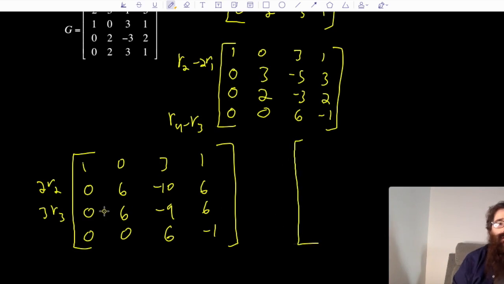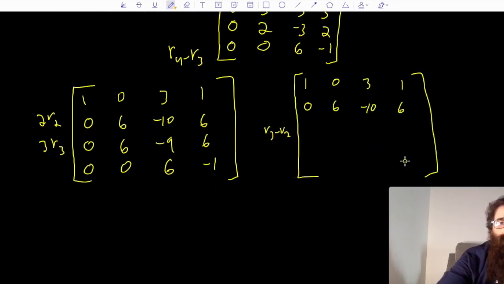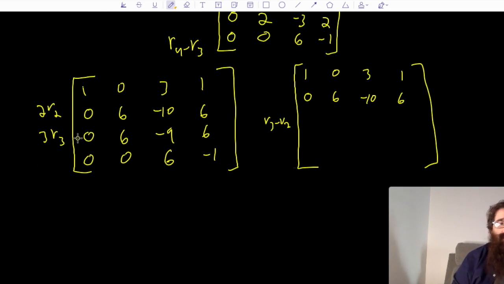So I'm going to go to row 3 and replace row 3 with row 3 minus row 2. So I'm going to rewrite rows 1 and 2. Then in row 3's position, I'm going to get 0 minus 0 is 0, 6 minus 6 is 0, negative 9 minus negative 10, that's negative 9 plus 10, gives me 1.